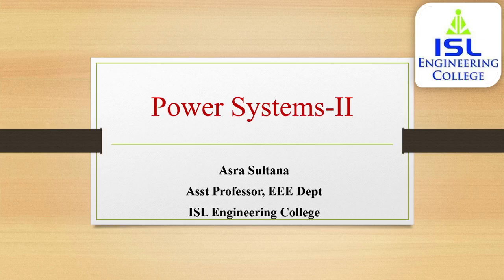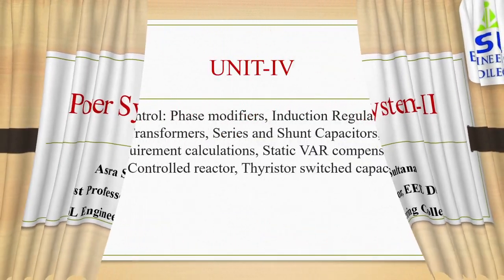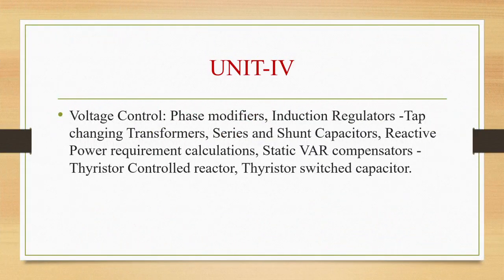Let us see the contents of fourth unit. So fourth unit is all about voltage control. In this we are going to see the phase modifiers, induction regulators, tap changing transformers, series and shunt capacitors, reactive power requirement calculations, static VAR compensators, thyristor controlled reactor, thyristor switch capacitor.